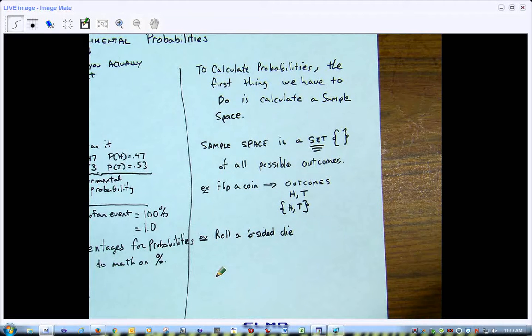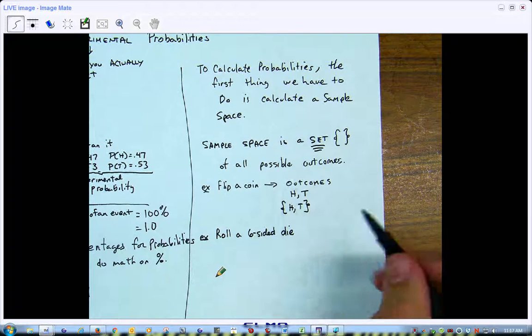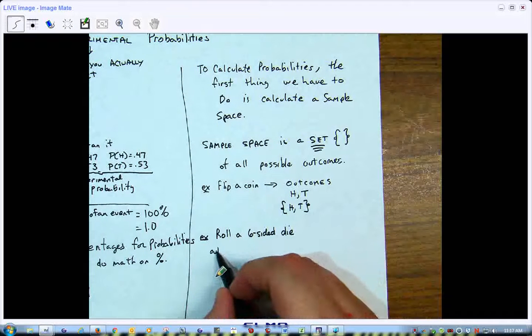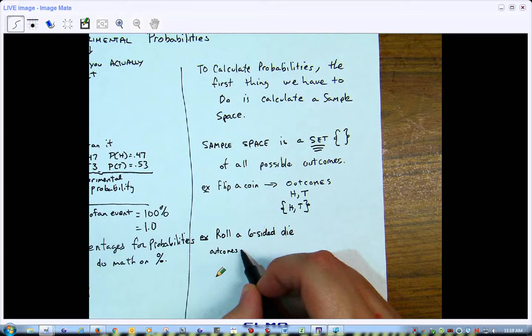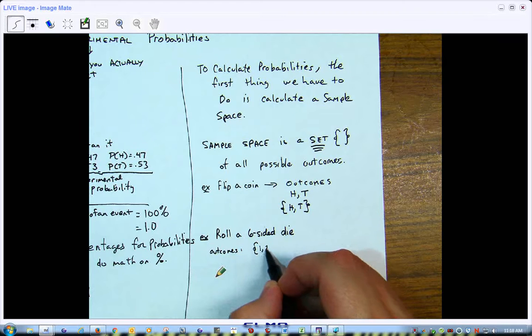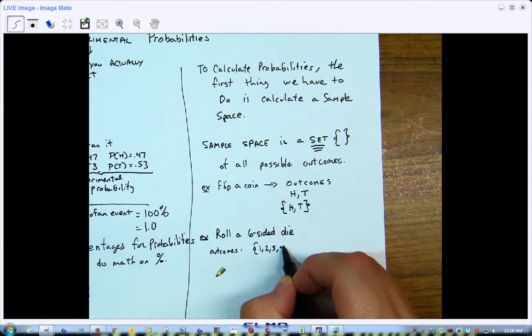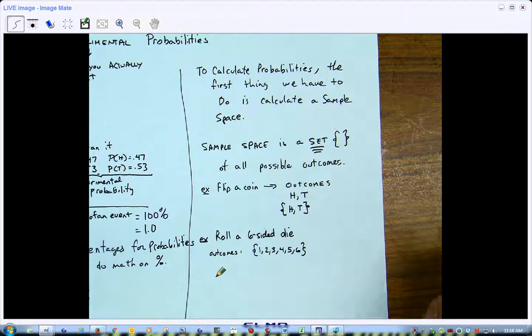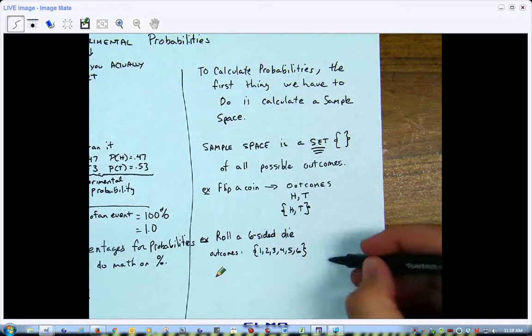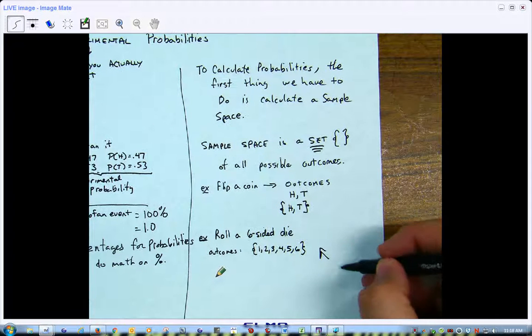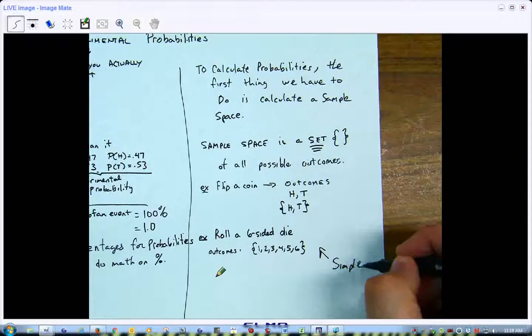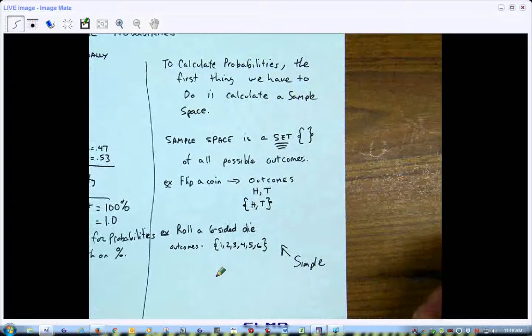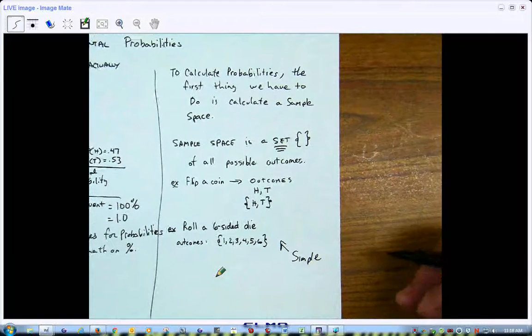Roll a six-sided die. What are the outcomes? Yeah, 1, 2, 3, 4, 5, 6. So these are, I would say, simple sample spaces.